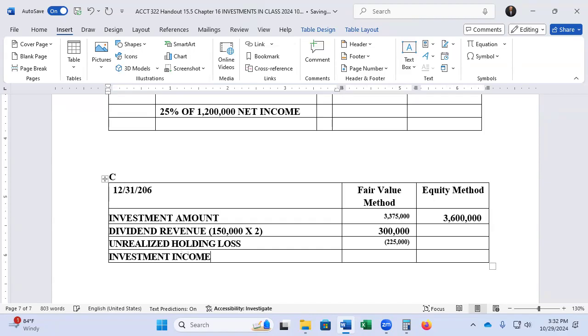And then investment income would be 300,000 under the equity method, because it doesn't apply for the fair value method. Any questions?